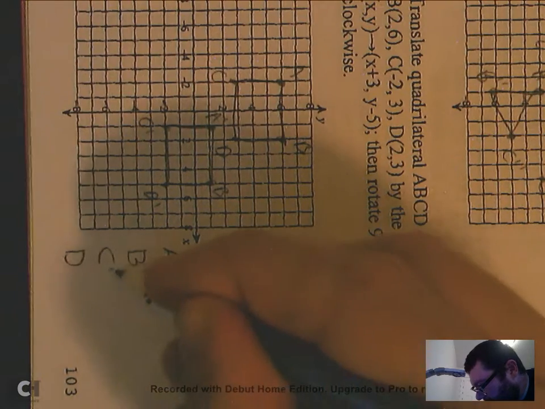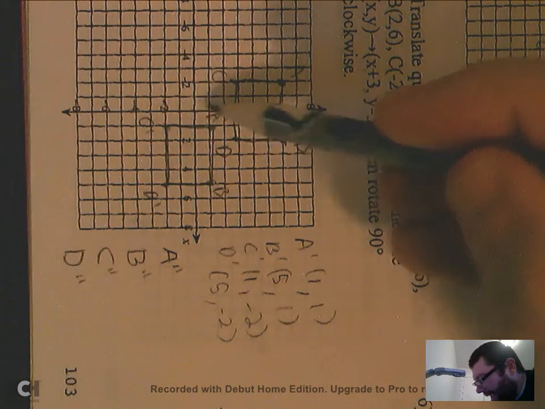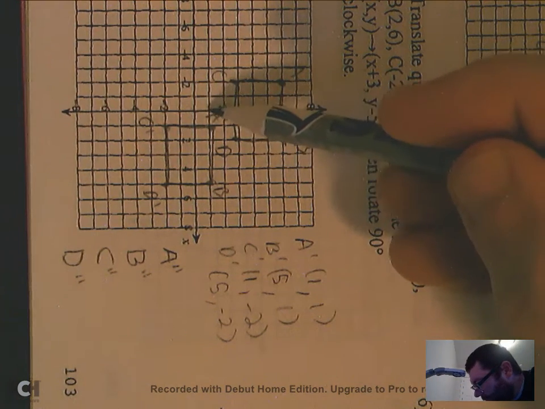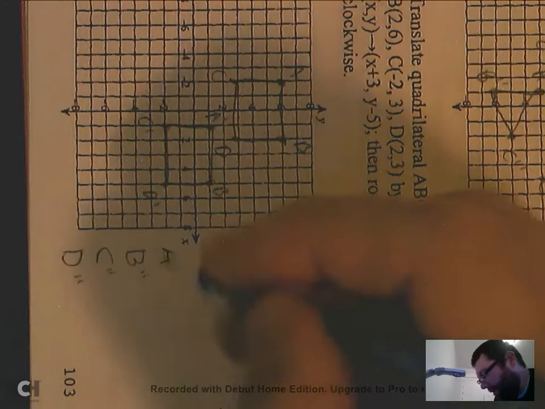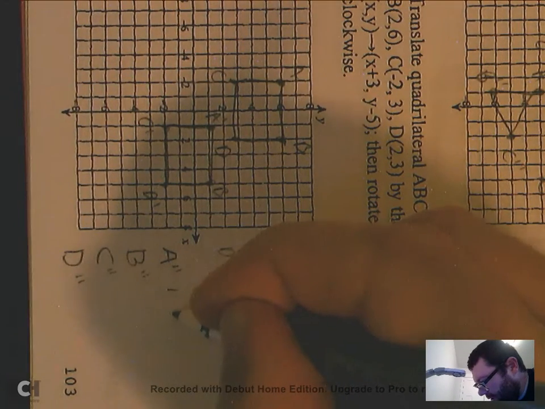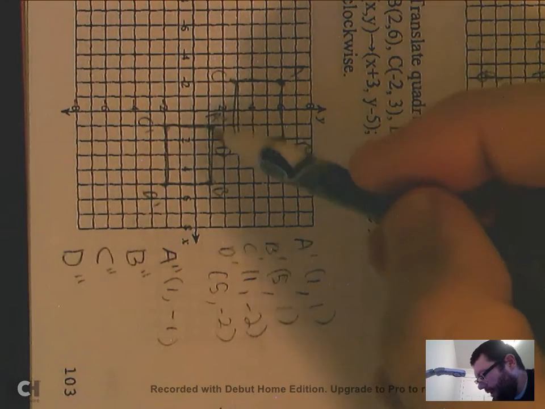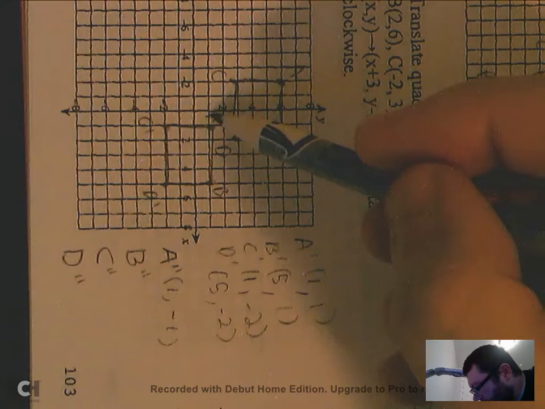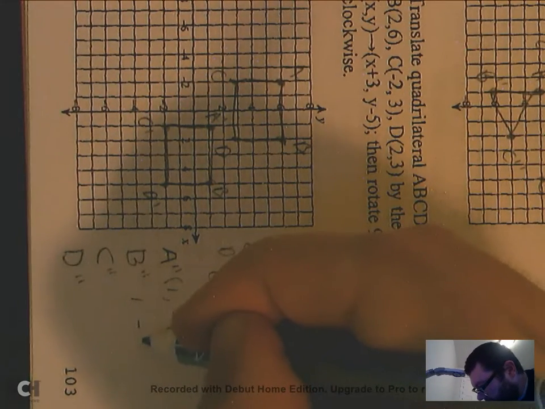Okay, and A is going to now be at 1 and -1. Right? Yeah. So 1, -1 would be my new points there. And then B is going to be at 1, -5.